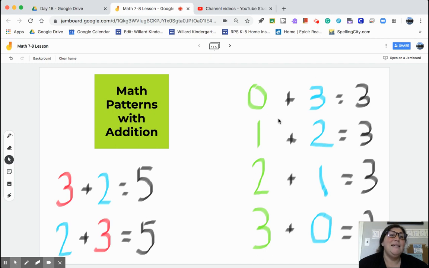And here is another list dealing with addition: when this row gets larger, this row of parts gets smaller, but every single one of these number sentences still equals 3. So that's a little review of how we've talked about patterns with addition. Today we're going to talk about patterns and how we can see them with subtraction.